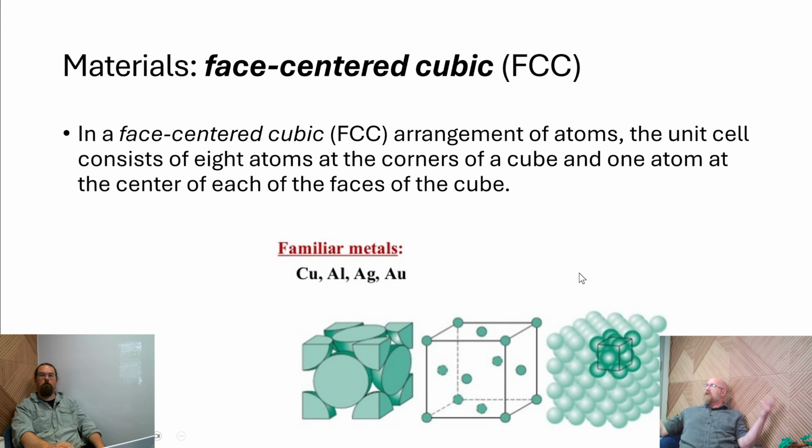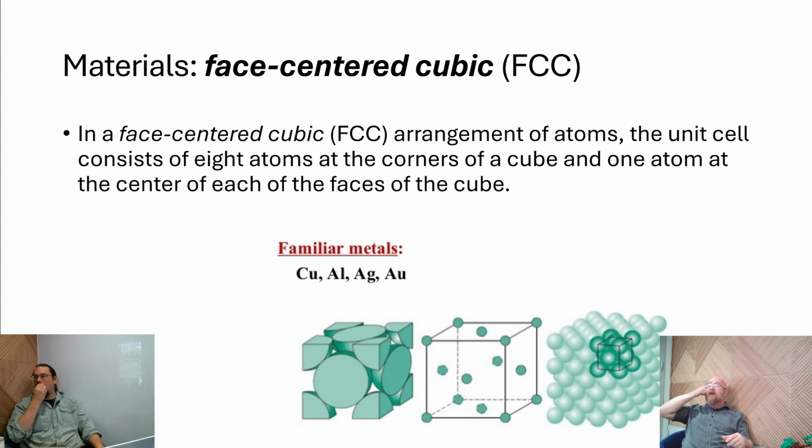We'll get into the material properties as they relate to these different phases when it comes to steel and other things. This is a physically different structure, and that's going to have implications for how the material behaves.